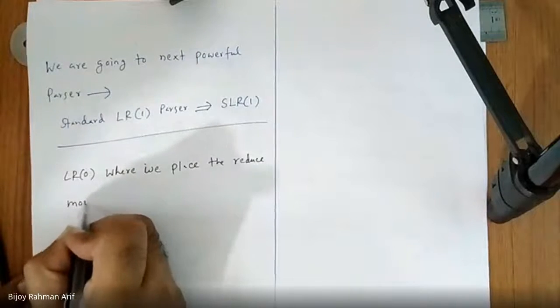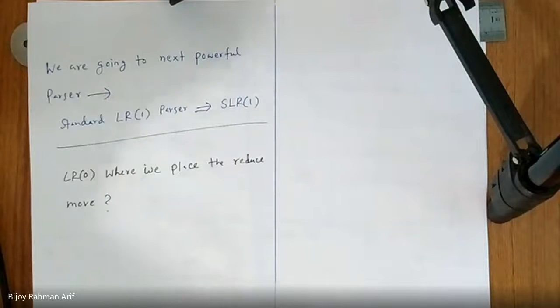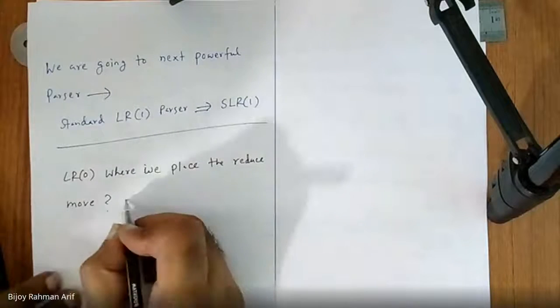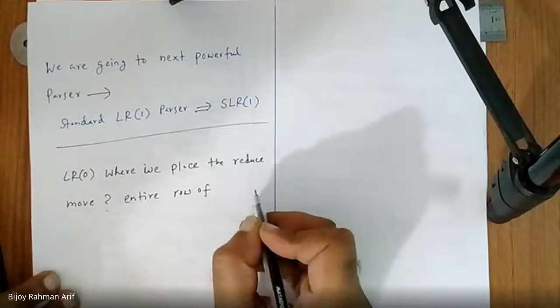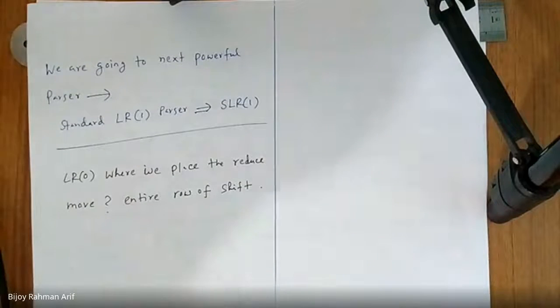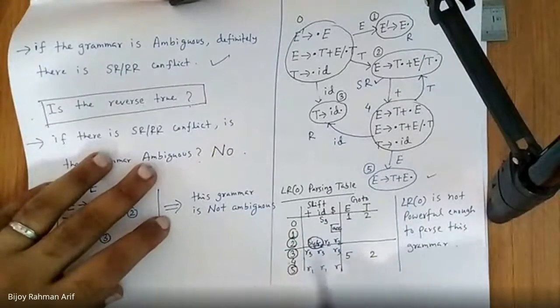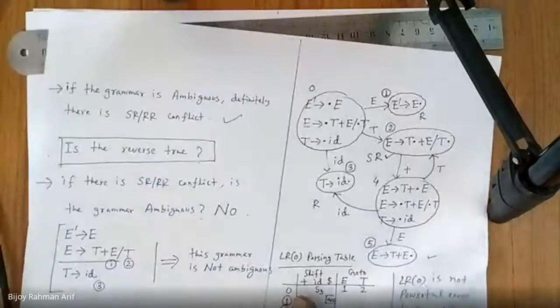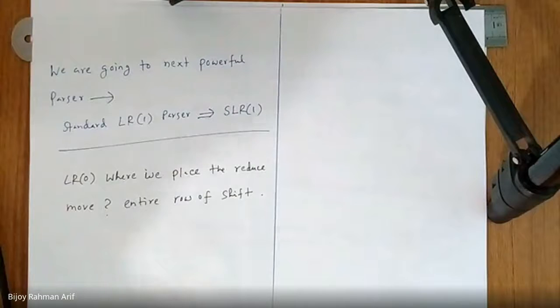In the entire row of shift. Do you agree with me or not? See, this reduce move is placed on the entire row of shift. Am I right? Is it logical?